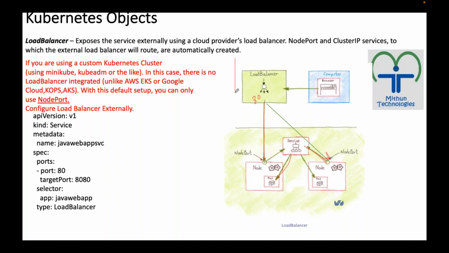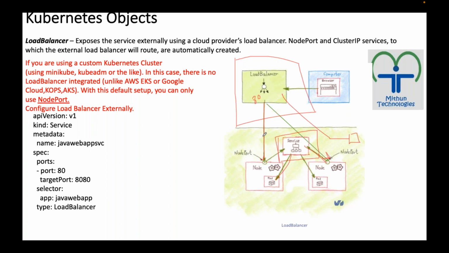Now, can I consider this an external load balancer, available for external customers? Or can I consider this an internal load balancer available within the cluster? If any application within the cluster wants to communicate, do they need to use this one? Do they need to request via this one? An external IP is not required.